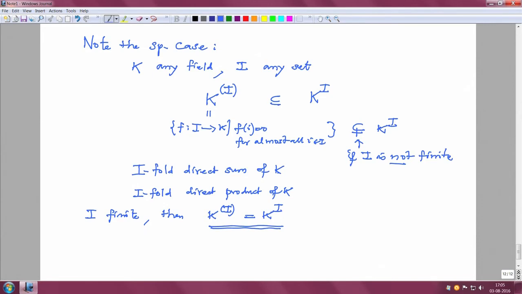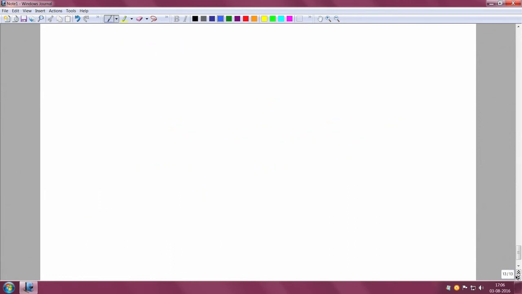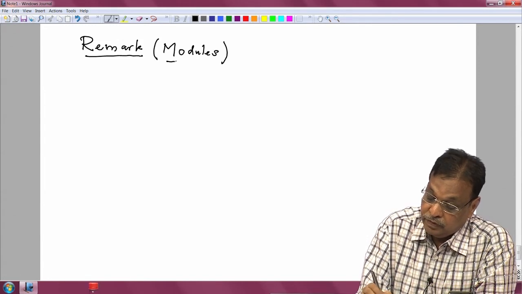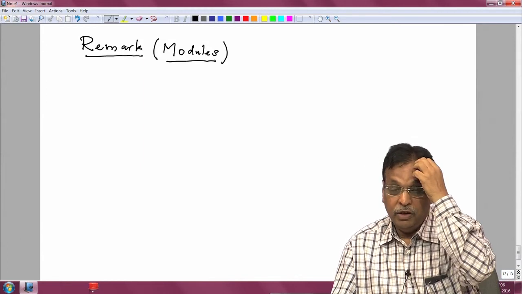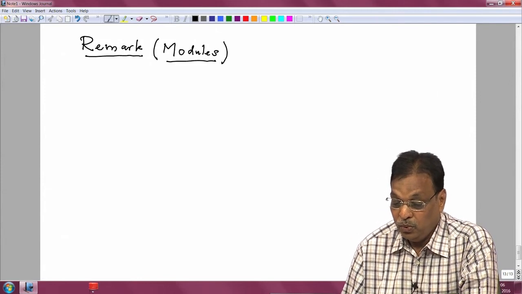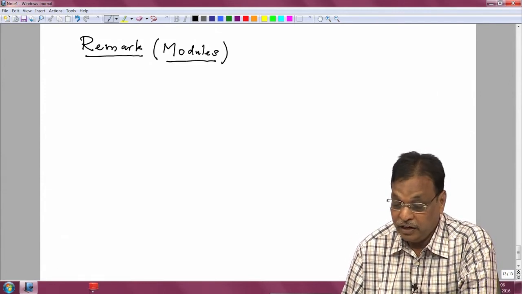Okay, so I want to make one remark. This is a little bit more general, the concept of modules. We will not deal much with modules in this course, but it will be very convenient to know what it is, and this is the right place.